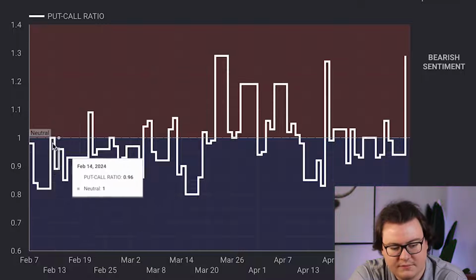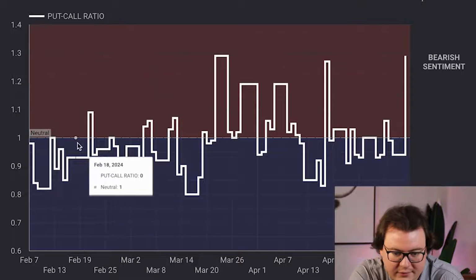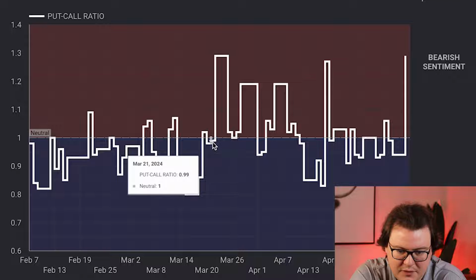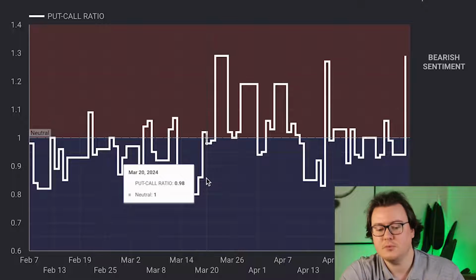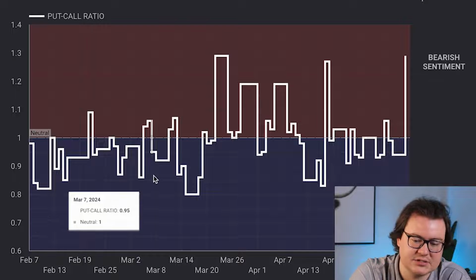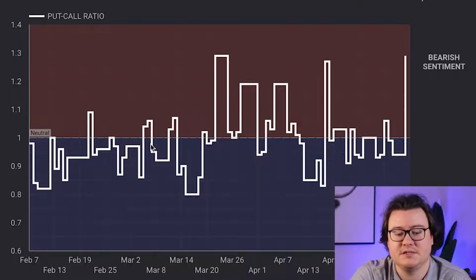So here on February 7th, and honestly all the way up until about March 21st, you'll see that we had way more days in the bullish sentiment section than we did in the bearish sentiment section.